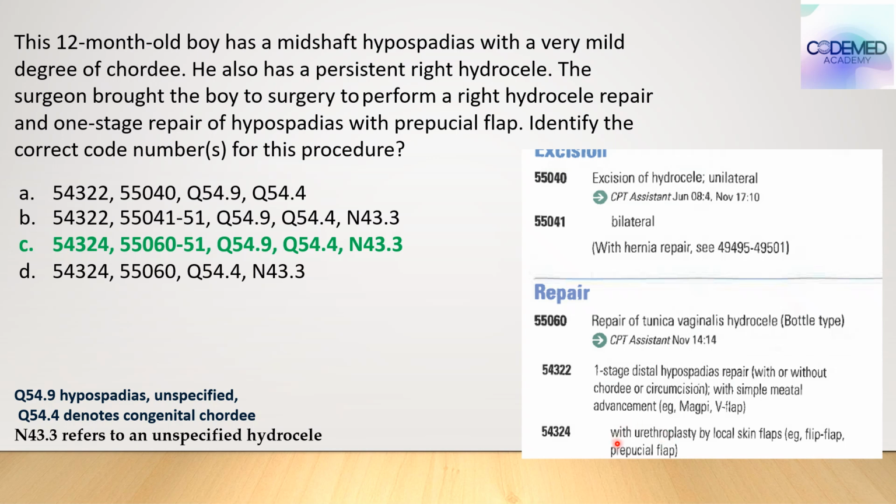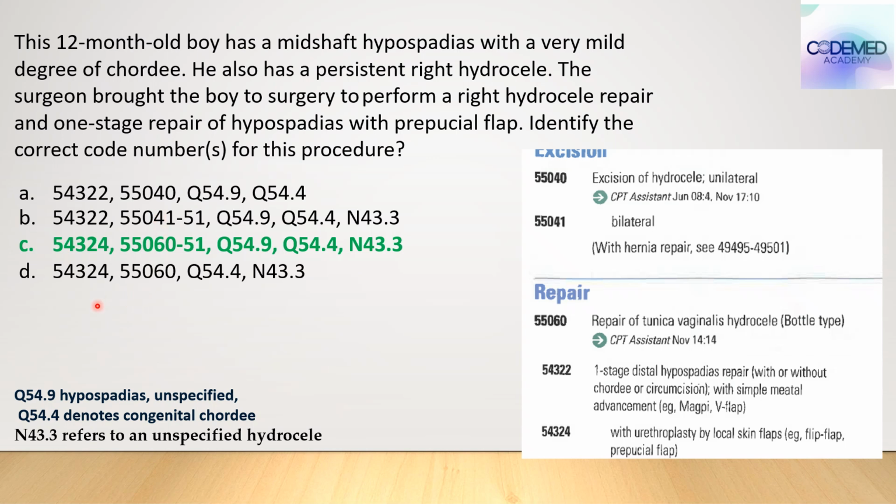So this is the indented code. So I'll be reading the above code till one stage distal hypospadias with or without chordee or circumcision, and then I'm going to add this. So I will need code 54324. So these two codes go away.